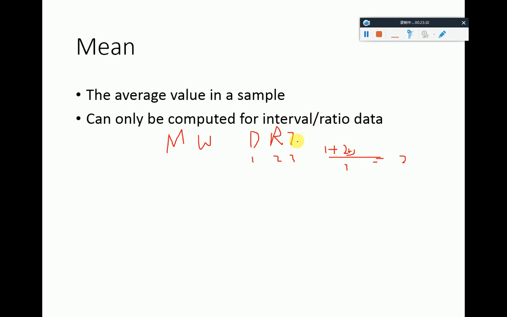They hold different ideology. So my point here is that you cannot compute mean scores for nominal data. Okay, so these are nominal data. Can you compute mean scores for ordinal data?